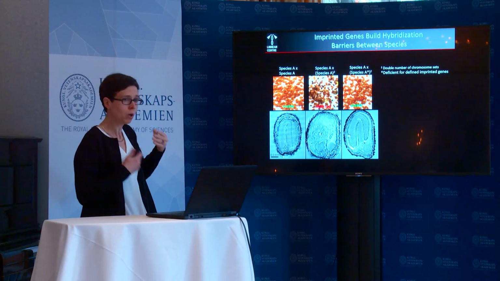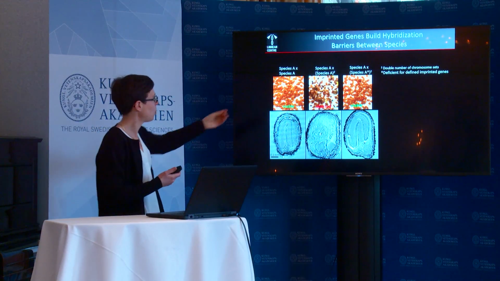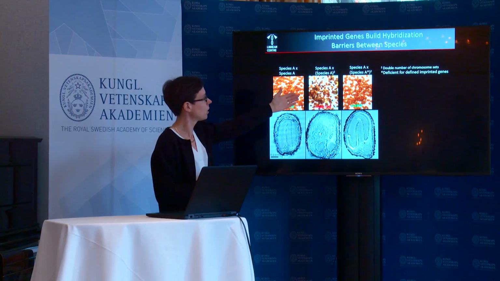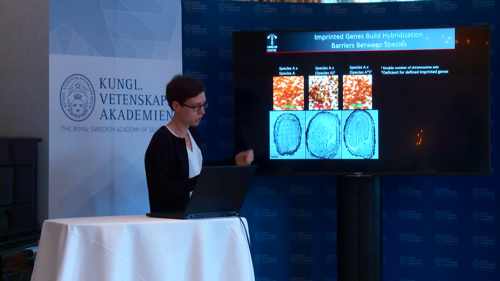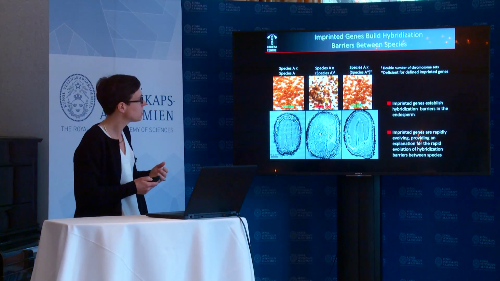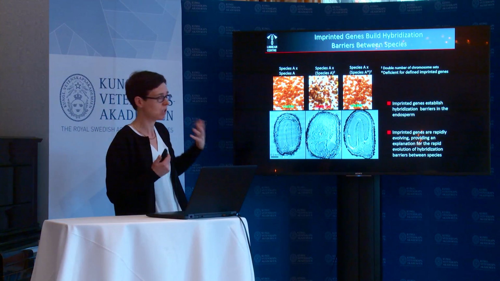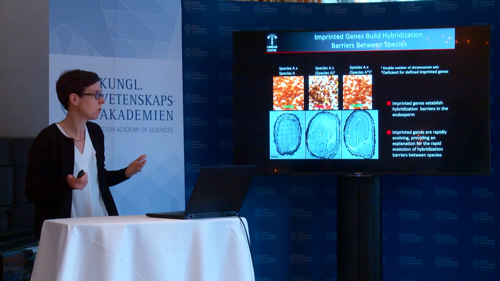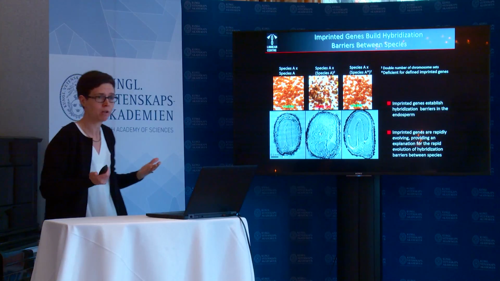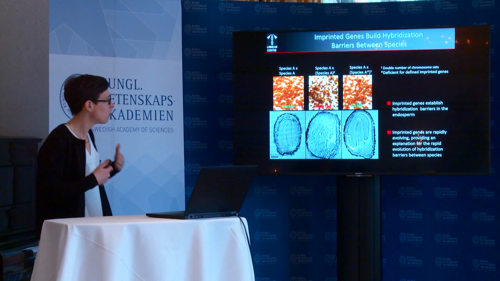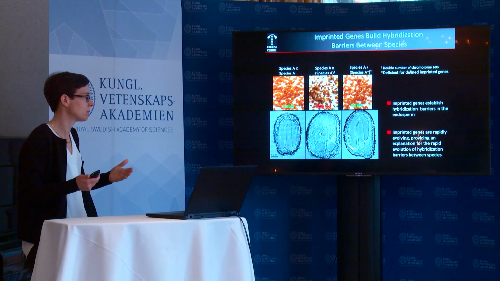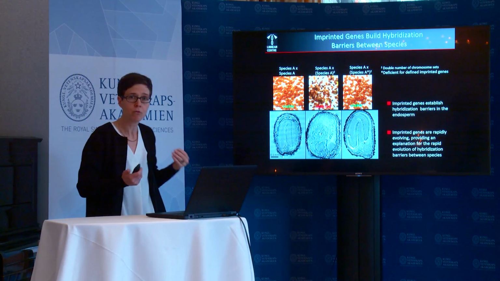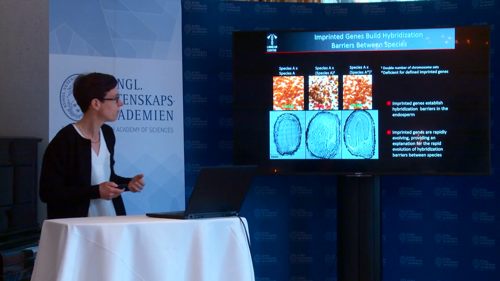And when we now knock out imprinted genes in this polyploid species, what will happen is that all our seeds are viable, and all embryos can develop normally. So in other words, these imprinted genes establish hybridization barriers in the endosperm. And these genes are very rapidly evolving. So that means they can very rapidly establish hybridization barriers, explaining rapid evolution of new plant species.